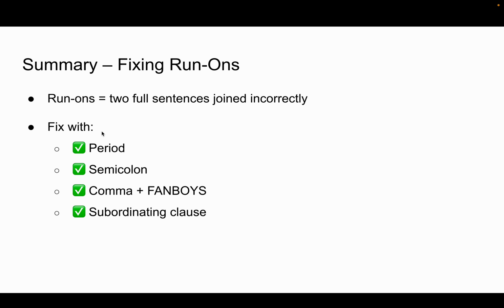And the way you fix it is by putting a period between those two sentences, putting a semicolon, putting a comma plus one of those FANBOYS conjunctions, or using a subordinating clause. So as we discussed, you can have a clause that is not a full sentence, put a comma, and then follow it with an independent clause. And that's really it for run-on sentences.